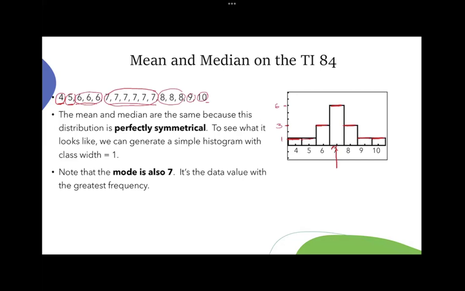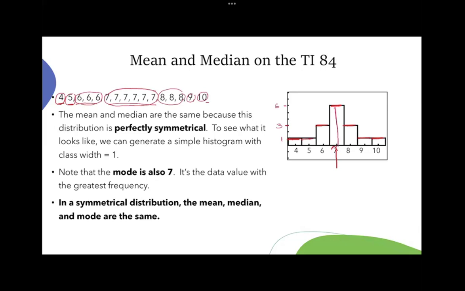Symmetrical distributions will have the same exact mean, median, and, if you see it right here, also the mode, which is size 6, but the value down here is 7. Oops, I messed that up, but it's just the number 7 here. So in a symmetrical distribution, the mean, median, and mode are all the same, in this case 7.